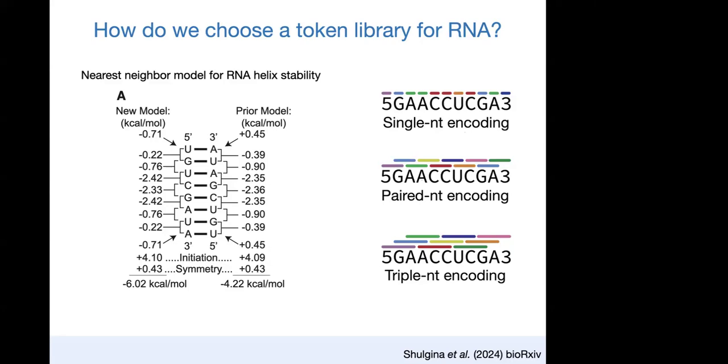I'm curious, do we need to care about where these nucleotides are coming from at the level of encoding? Do we need to think about positioning?